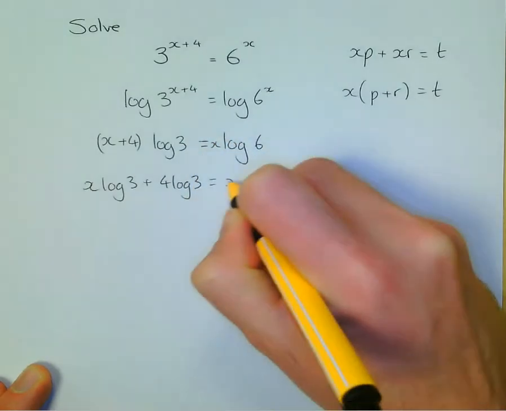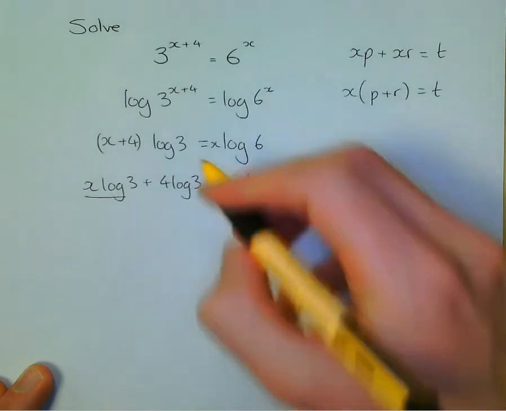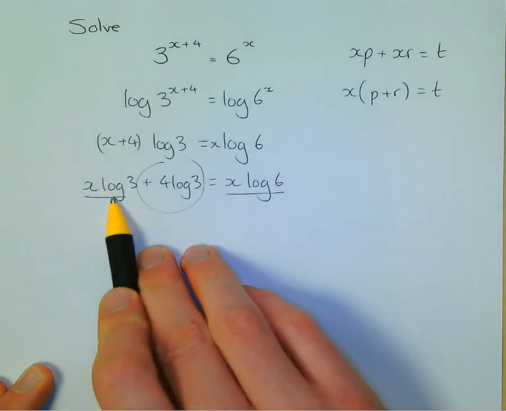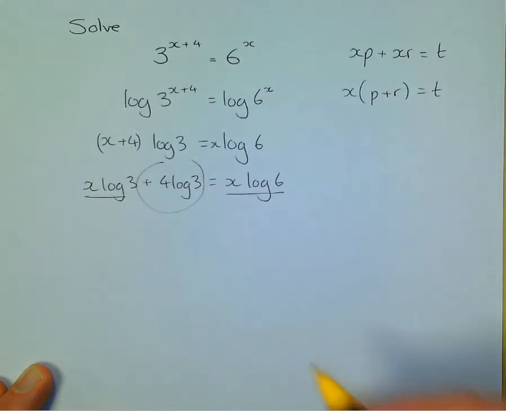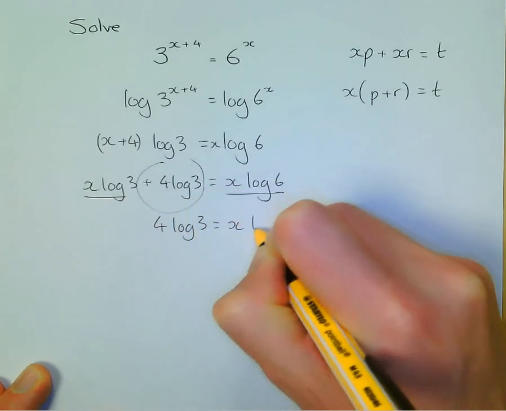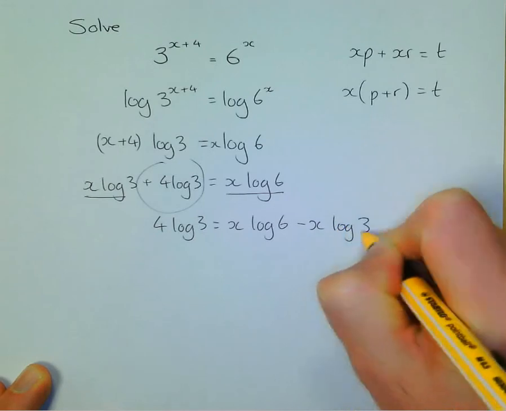And that's equal to x log 6. So you can see now we've got this x term here and an x term here. They need to be on the one side, and this needs to be on the other side. So let's move this one, because that's the less effort, if you like. So I can write 4 log 3 equals x log of 6 minus x log of 3.